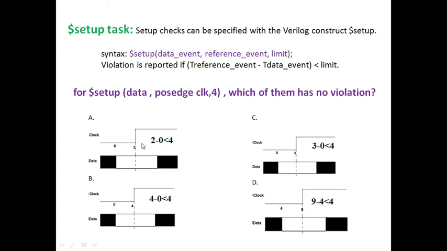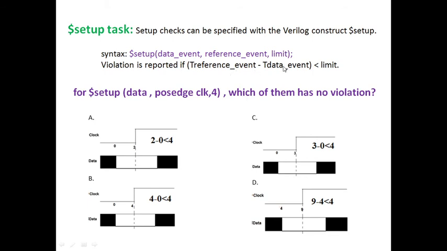So the reference event is happening at 2 seconds, and the data event is happening at 0 seconds. That means from 0 seconds onwards your data signal is stable, and the reference event happened at 2 seconds.